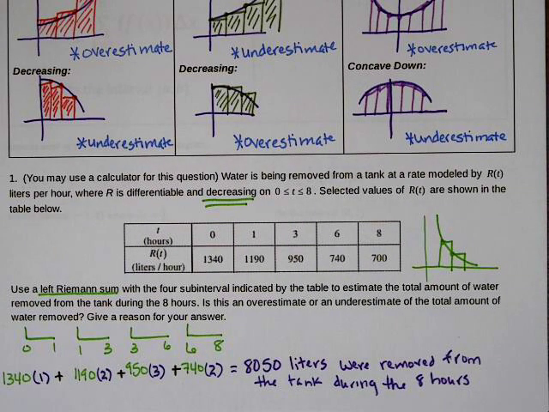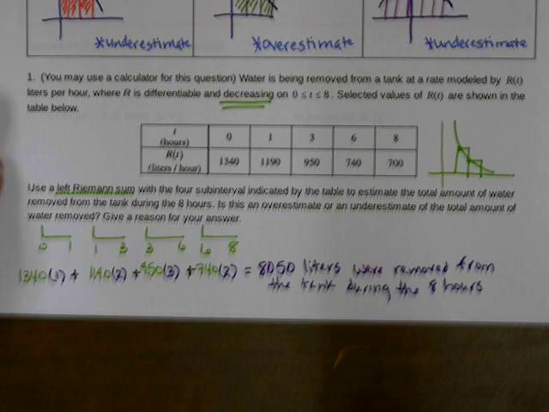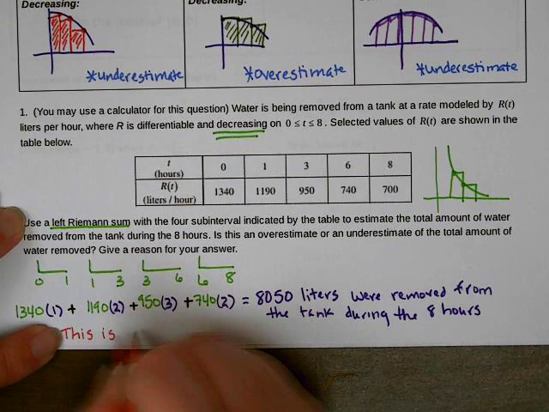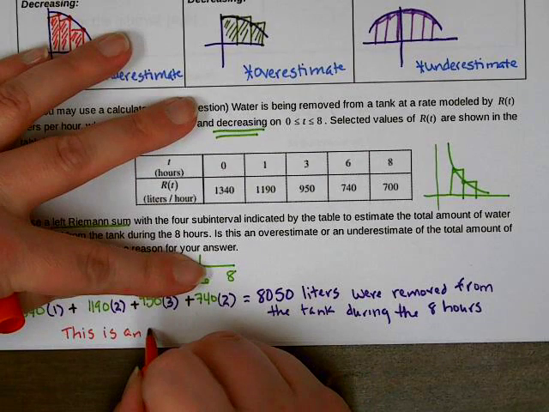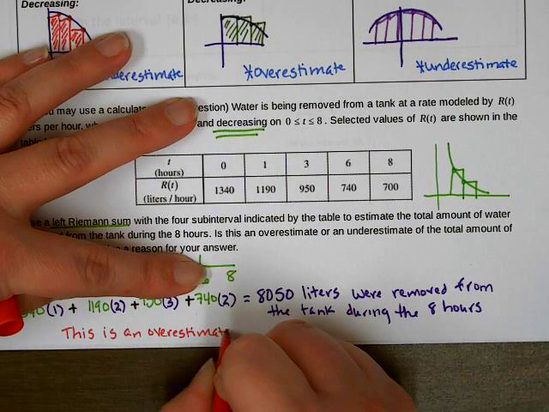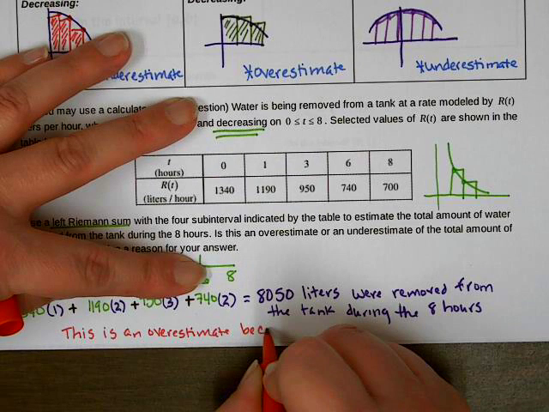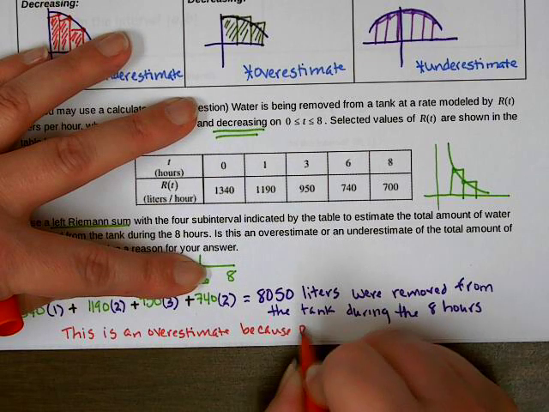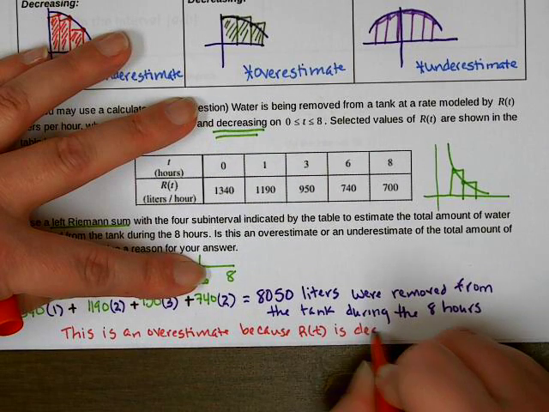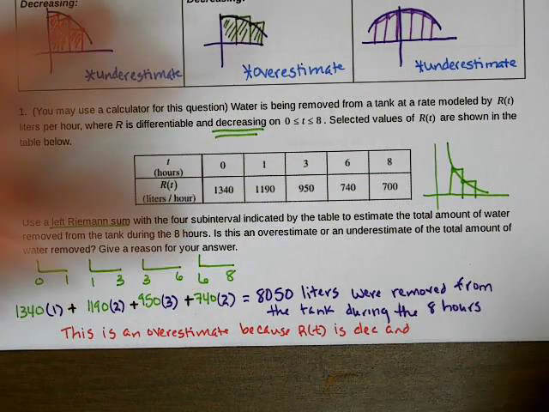So let's see. This is an overestimate because r of t is a decreasing function, and we used left Riemann.